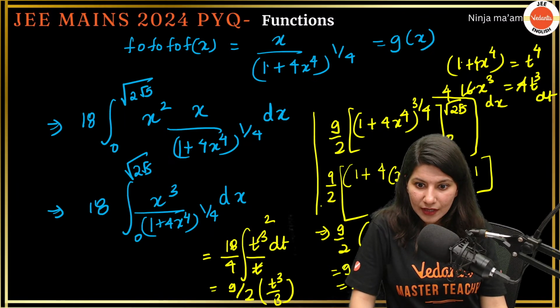Sorry, not 9, 3 into 13 will give you 39 as the final answer.